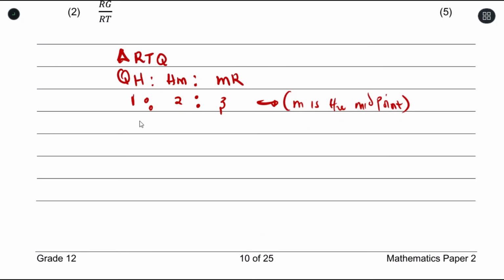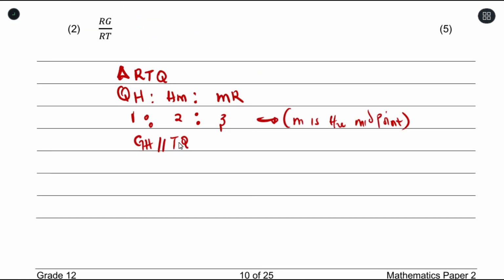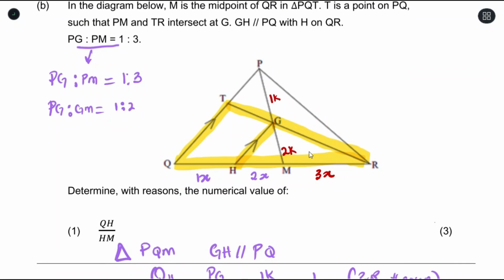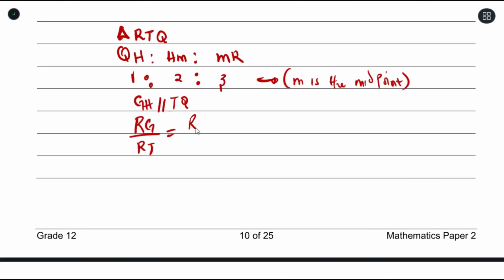Since we know that GH is parallel to TQ, we understand that RG over RT would be equal to the entire proportion on this side, the entire length on this side, RH over RQ. So this here will be RH over RQ.